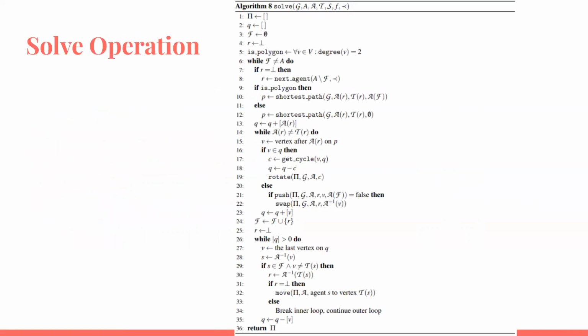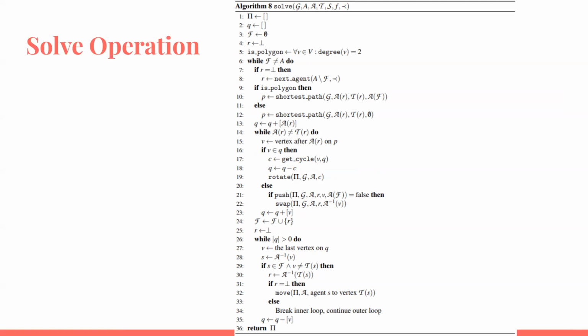And solve is what is going to transform our initial agent assignments into the goal assignments. Now for this operation, we're trying to move these agents to their destinations one at a time, and we have to do it one step at a time. And we're again trying to do it along the shortest path.